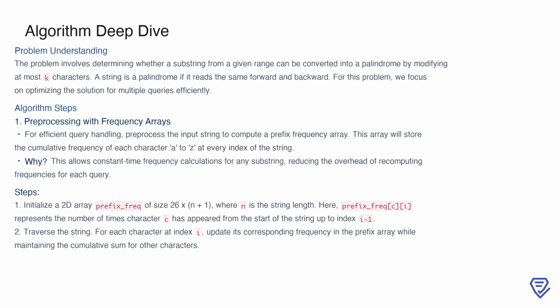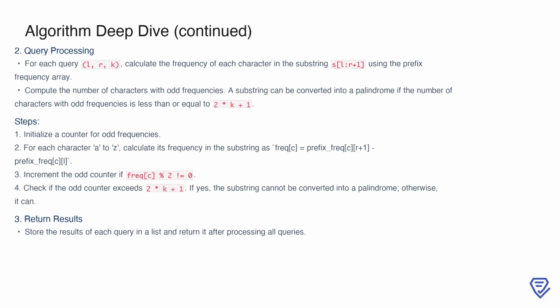The pre-processing involves initializing a 2D array, where each row corresponds to a character in the alphabet. As we traverse the string, we update the cumulative frequency for the current character while maintaining the sums for all other characters. This setup ensures that our solution is not just correct but also highly efficient when dealing with multiple queries.